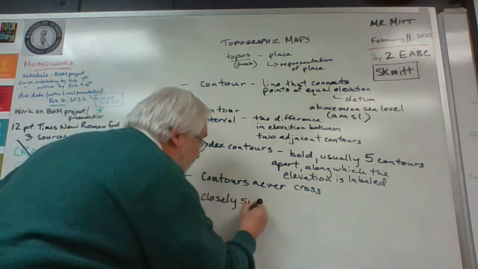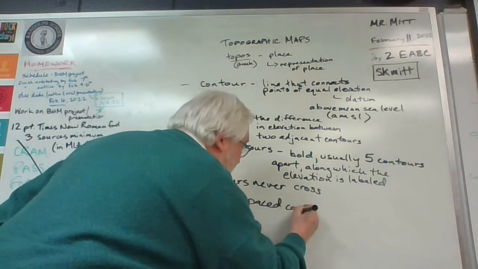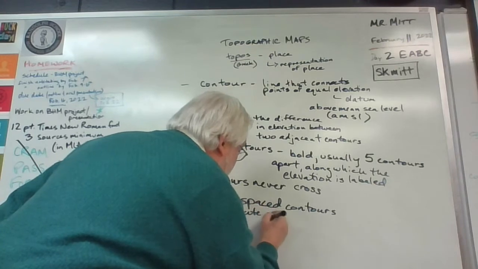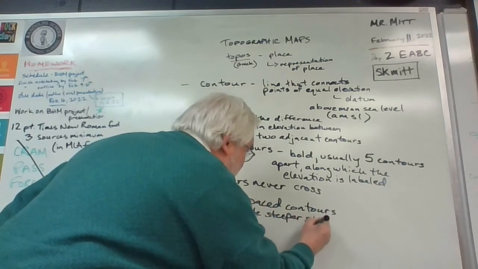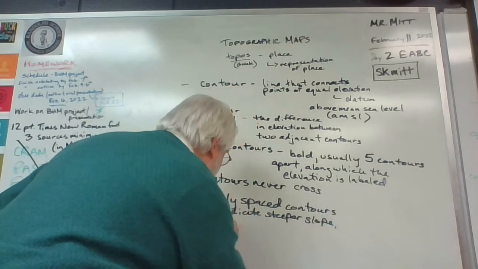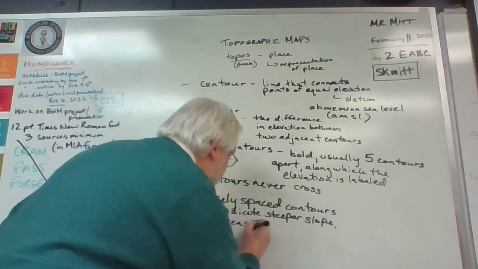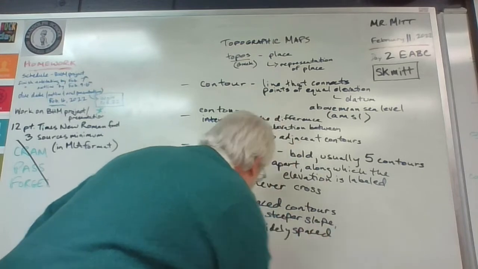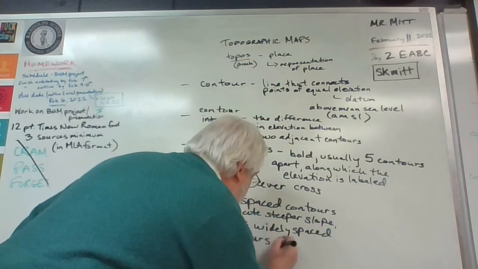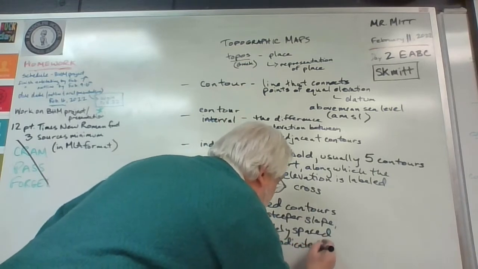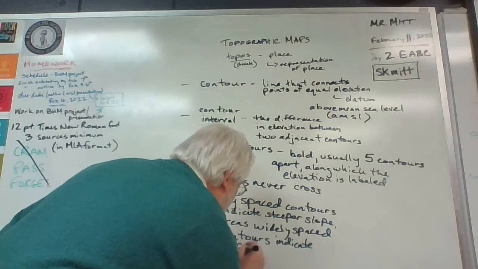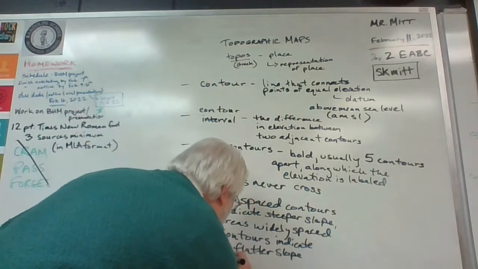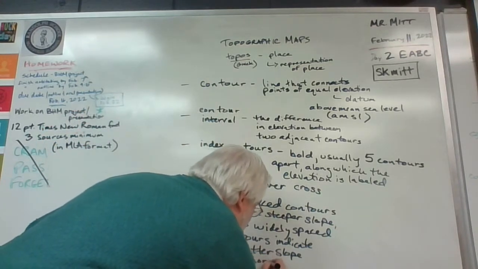Remember, too, that closely spaced contours indicate steeper slope, whereas widely spaced contours indicate, I'll just call it a flatter slope, or a more gradual slope.